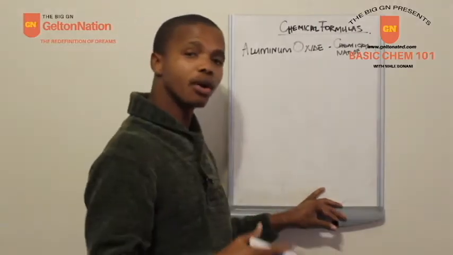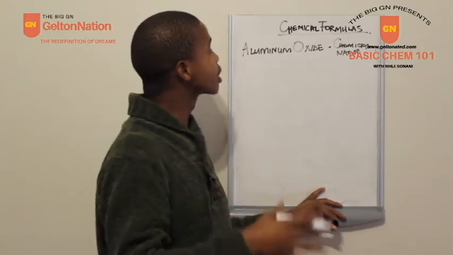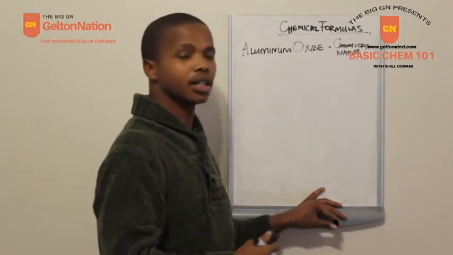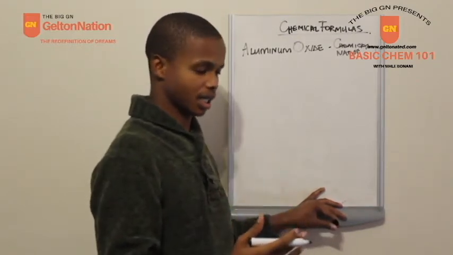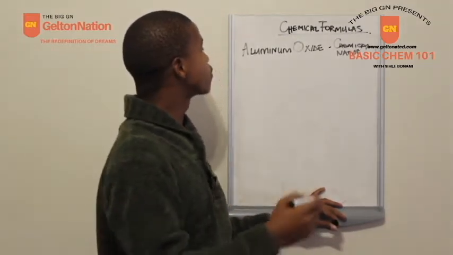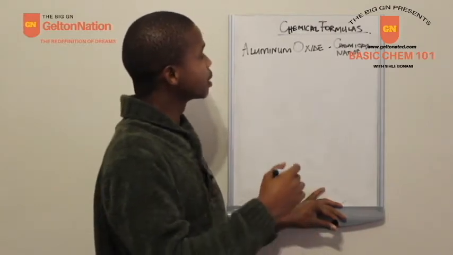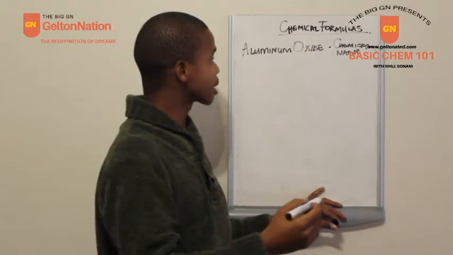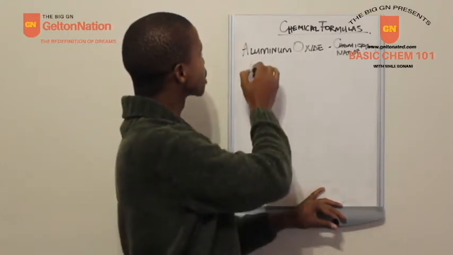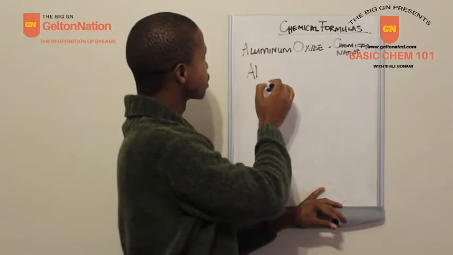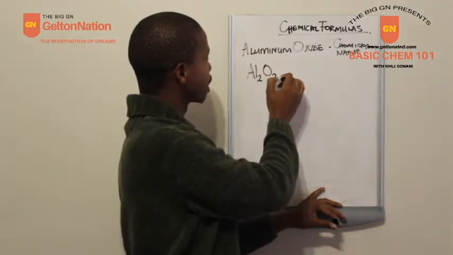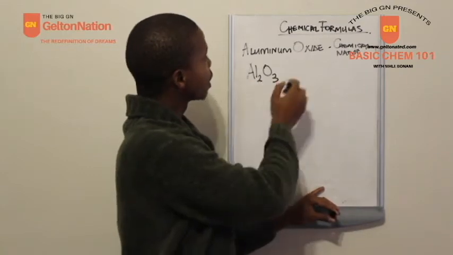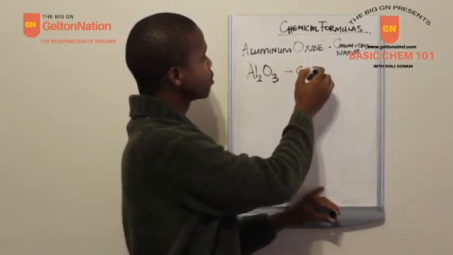So for you to know how much oxygen and aluminium is there in aluminium oxide, you're going to need a representation of your atoms in terms of numerical subscripts. So in aluminium oxide, you're going to have something of this nature. Now, this is a chemical formula.